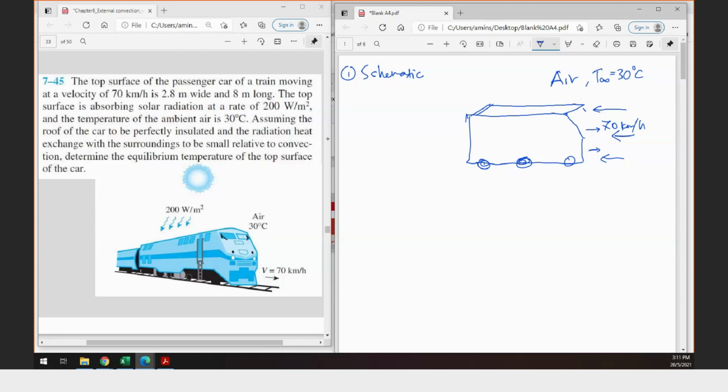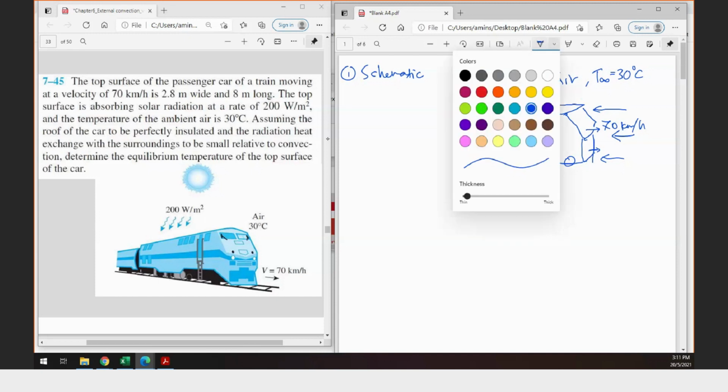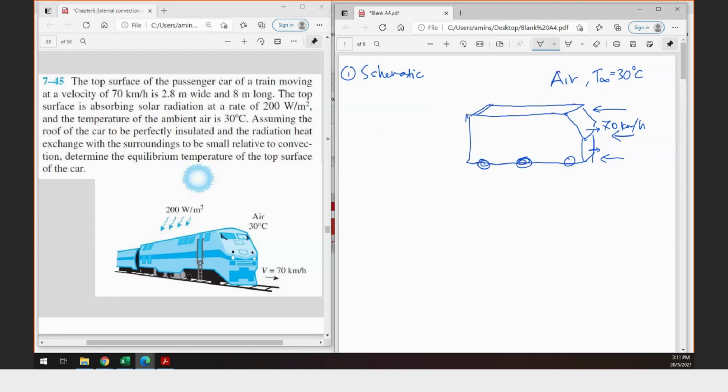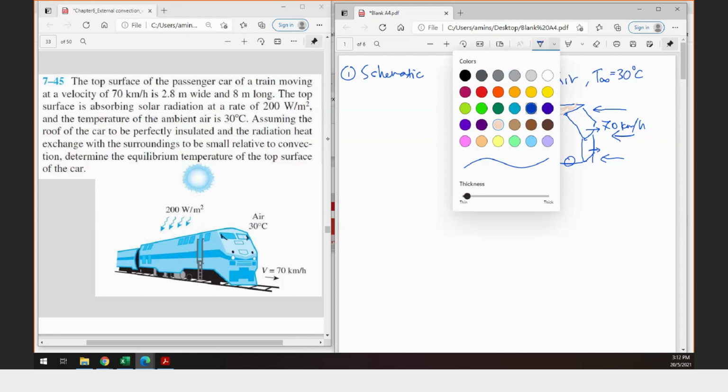So this is our interested area. Okay. How can I draw this? The one that I shaded with this light brown is our interested area.